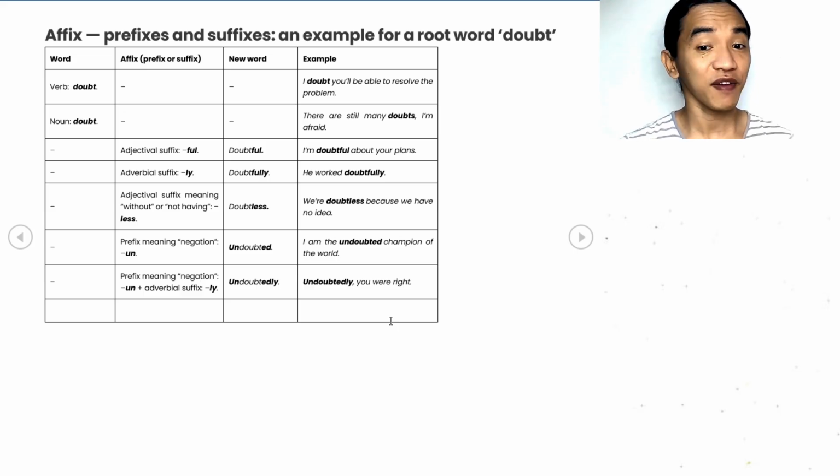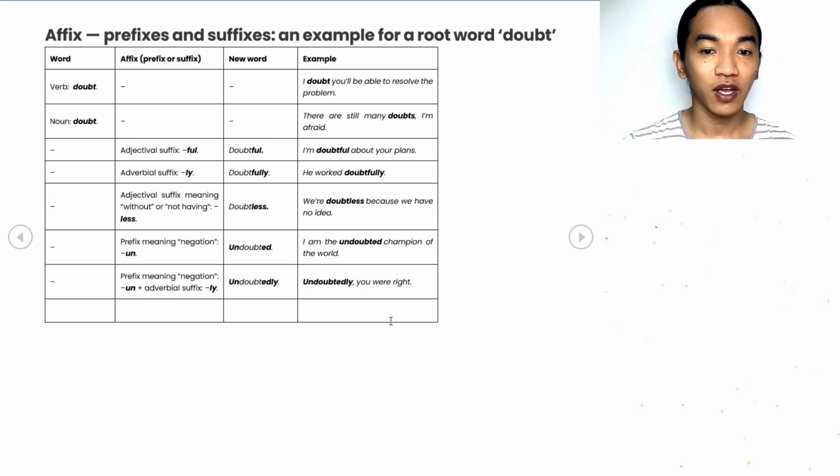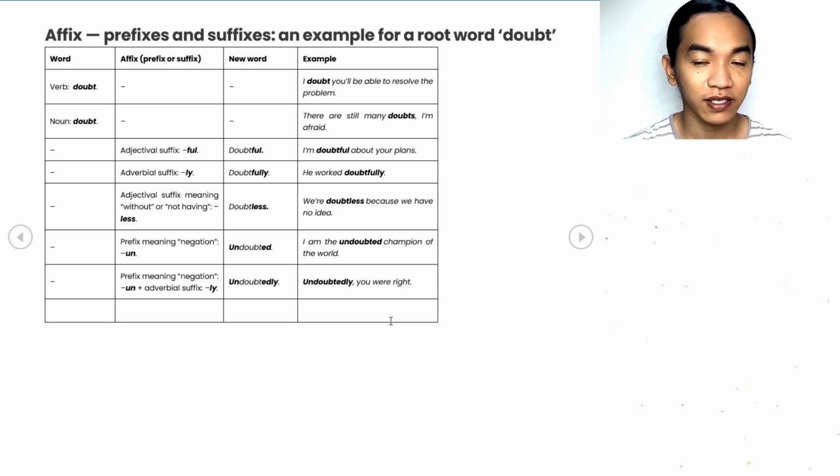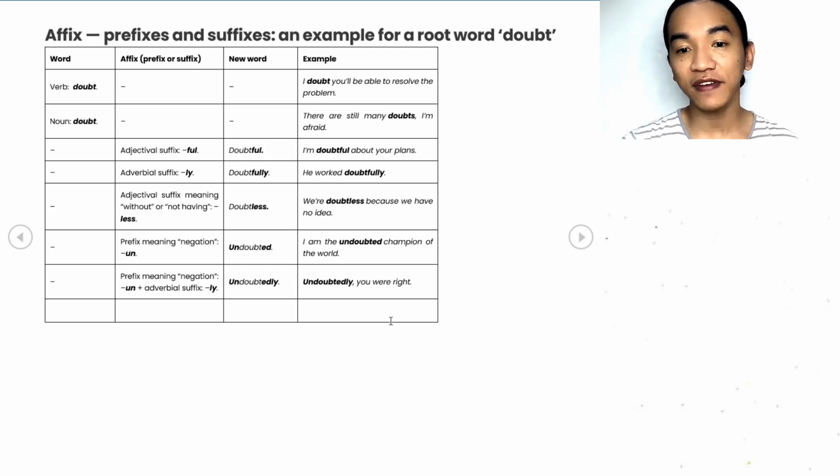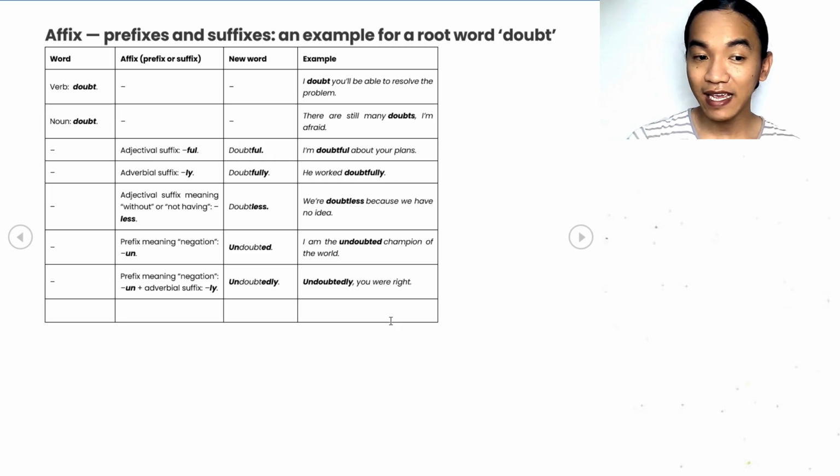For the prefix meaning negation, making it negative, un, undoubted. I am the undoubted champion of the world. And for the prefix meaning negation un plus adverbial suffix ly in combination, undoubtedly. Undoubtedly, you were right.